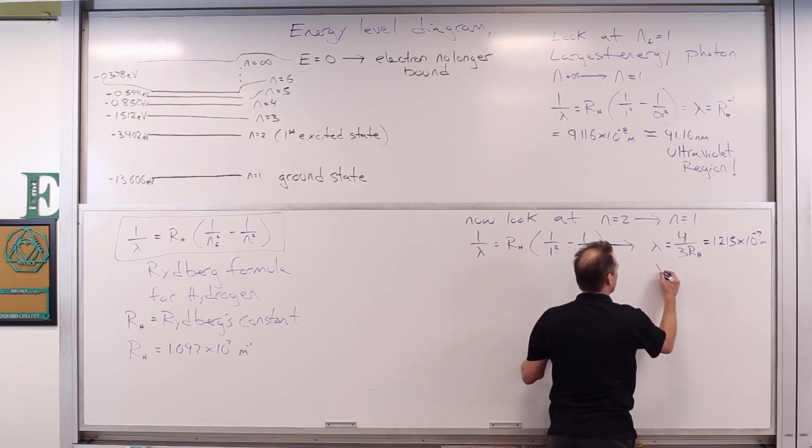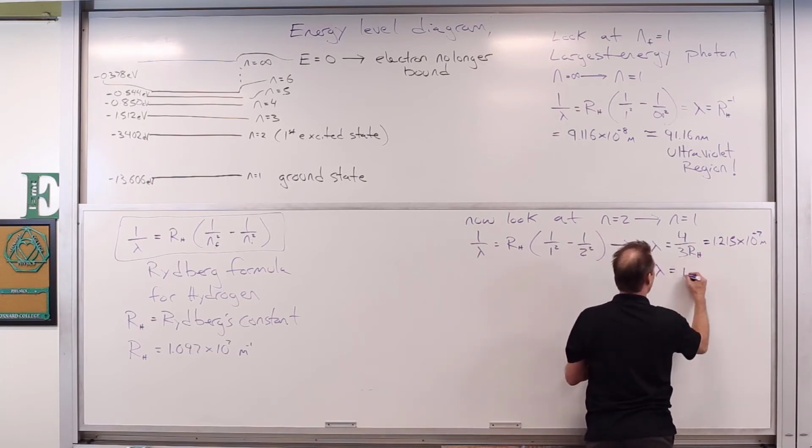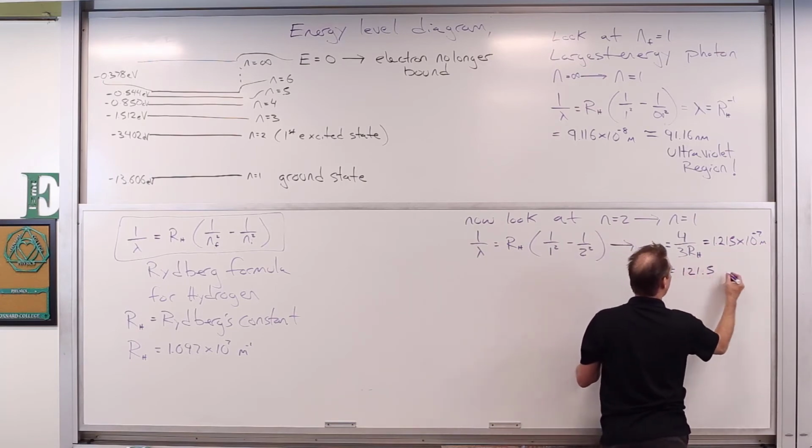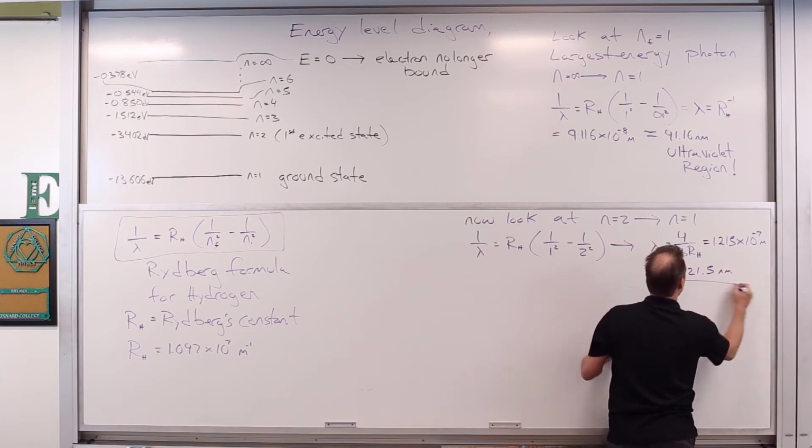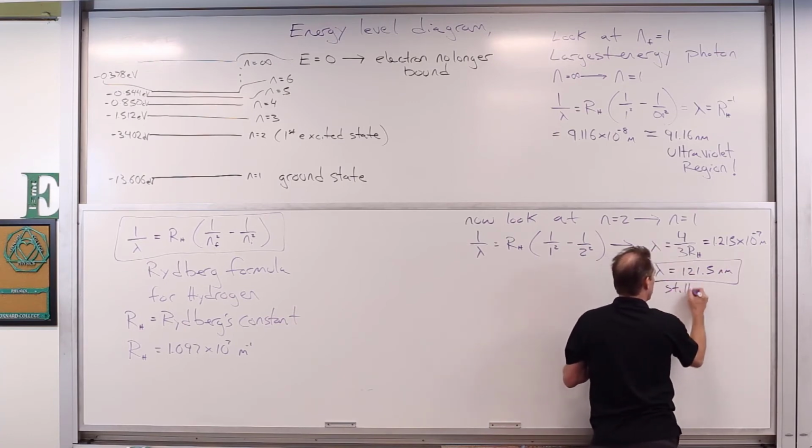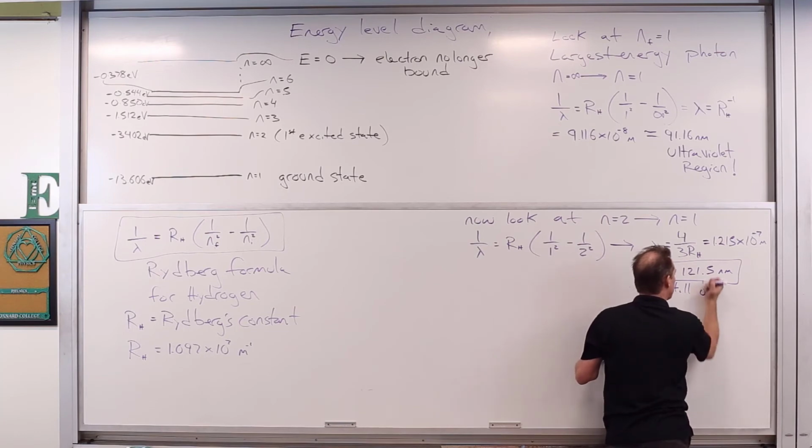What is that? Well, we can move the decimal place over 2 times and get 121.5 nanometers. And this is still ultraviolet.